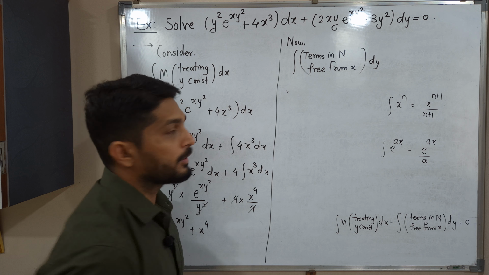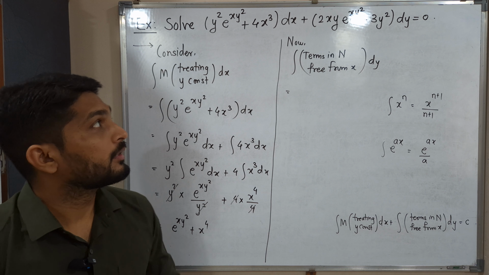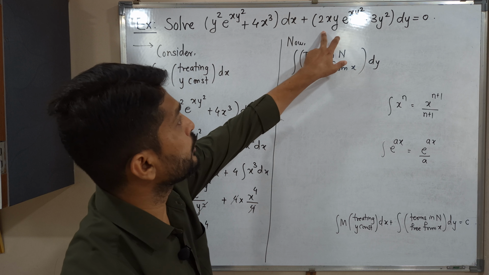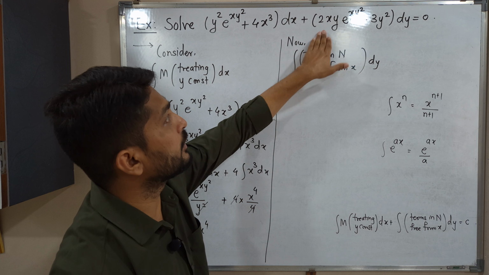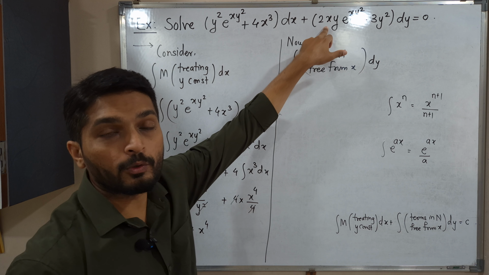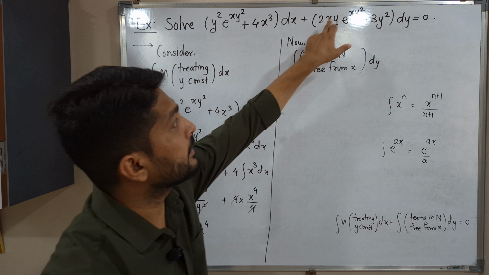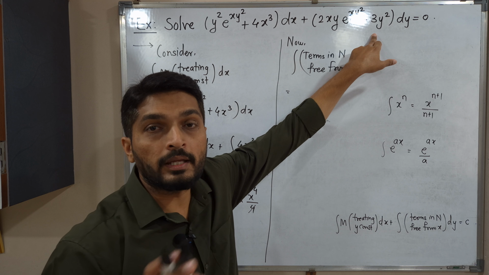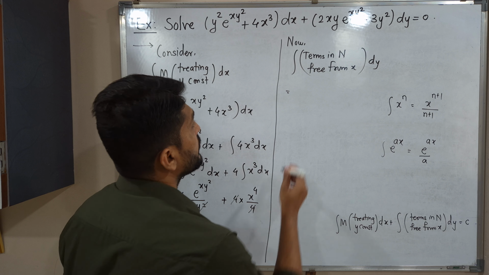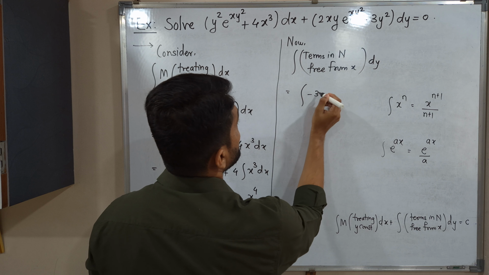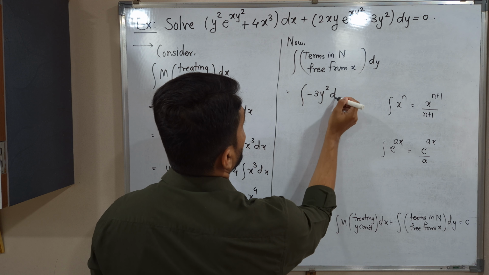That means we want terms of N which do not contain x. Okay, so you can see this is our N. There are two terms, first term and second term. In the first term there is x, so I cannot consider the first term here. In the second term there is no x, that means the second term is free from x, so I will consider the second term only, which is minus 3y square dy.